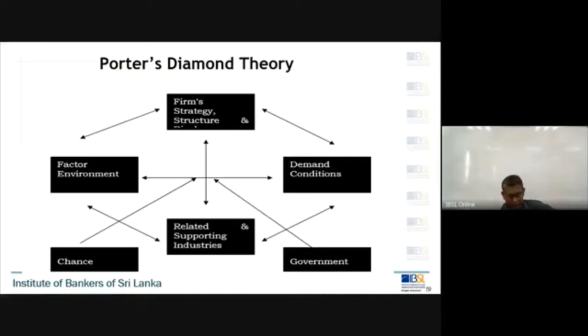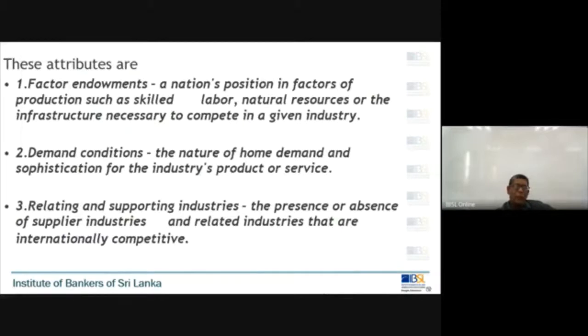Now let's look at it. Why are certain countries doing better? First one is called factor endowments. This is a nation's position in factors of production such as skilled labor, natural resources, and infrastructure necessary to compete in the given industry.